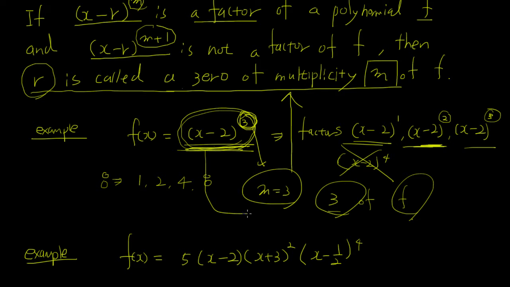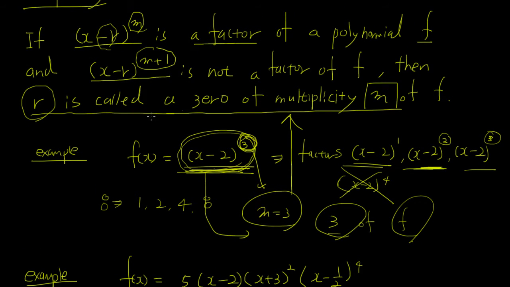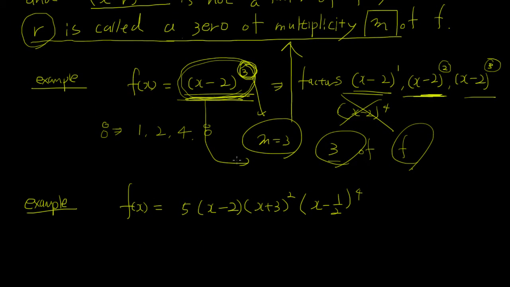In our case, this is r right here. So we should say 2 is a zero of multiplicity 3 of f.